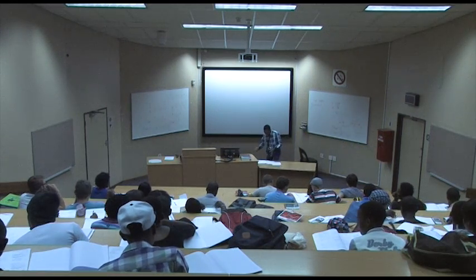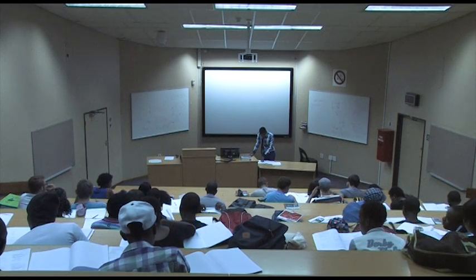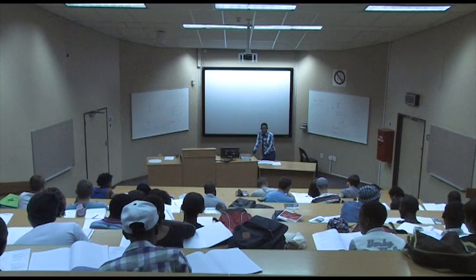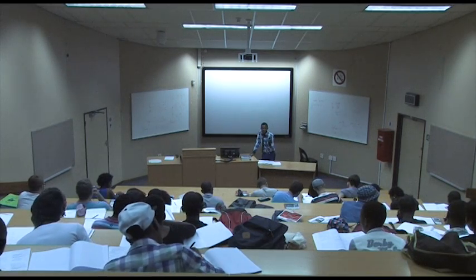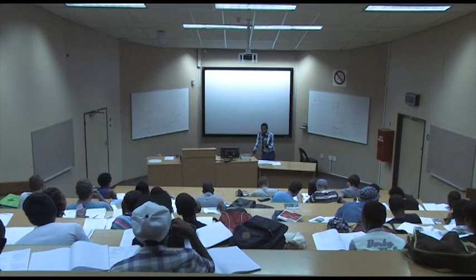Let's read it. Determine the resultant force F1 plus F2 plus F3 plus F4 of the following forces. All you have to do is to add force number 1, force number 2, force number 3, force number 4, right?